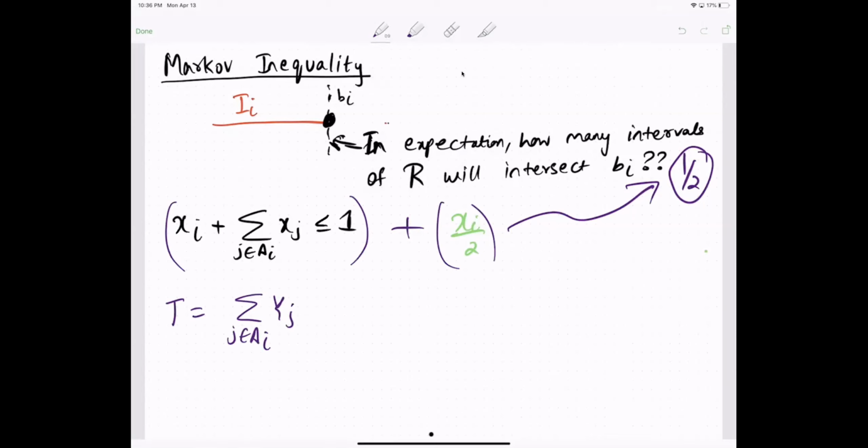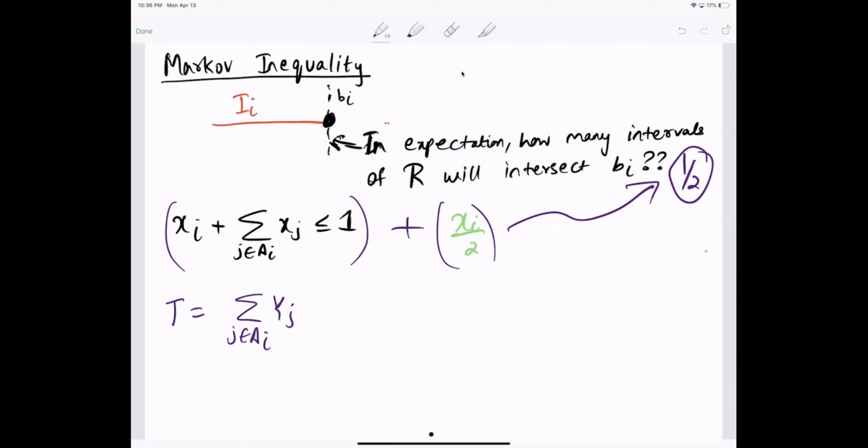Now it's time to apply Markov's inequality. The probability of T being greater than or equal to 1 is upper bounded by the probability of T being greater than or equal to 2 times the expected value of T, right?